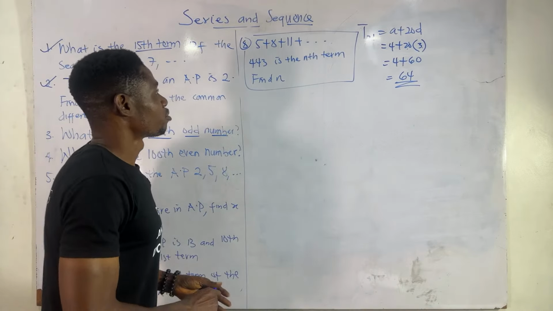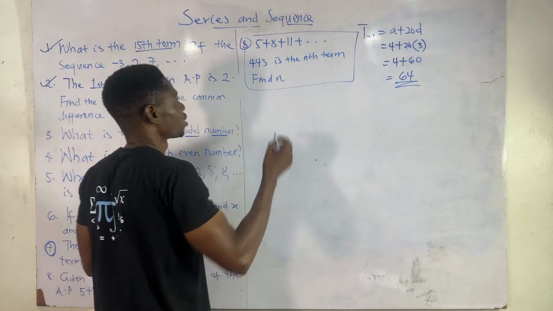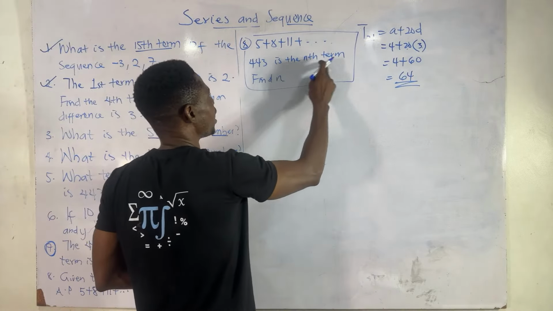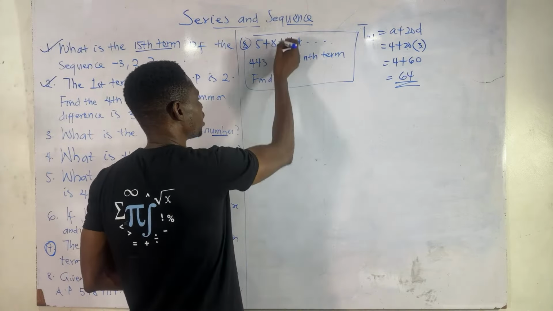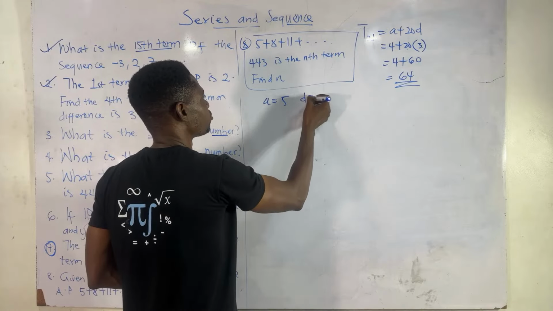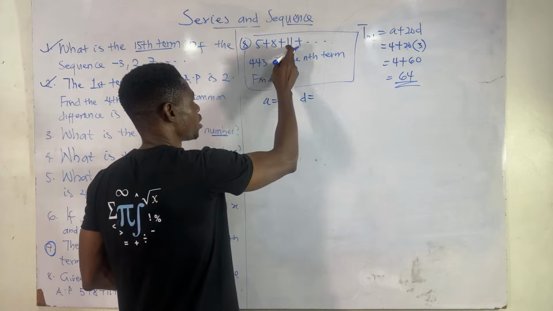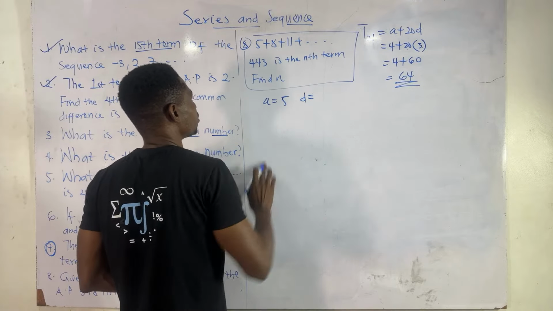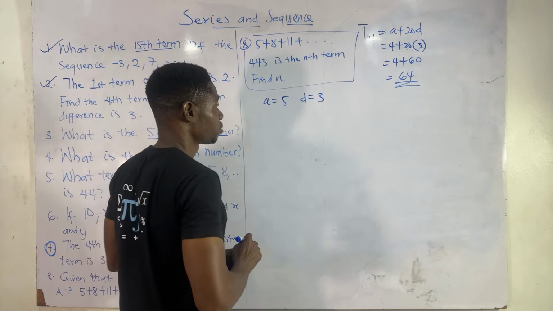So what you have is this series, and the 443 is the nth term. What is n? So remember, from here our first term a is 5. Our common difference is t2 minus t1, don't forget, or t3 minus t2. So 11 minus 8 is 3. 8 minus 5 is 3, so our common difference is 3, right?